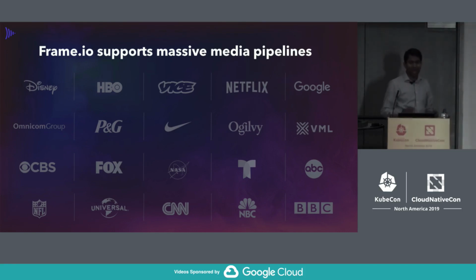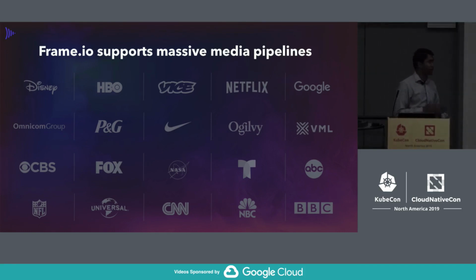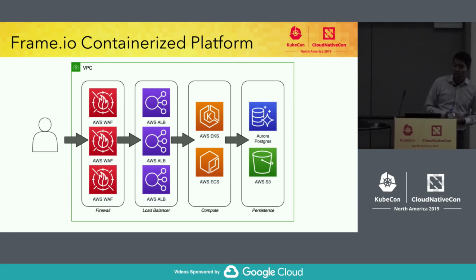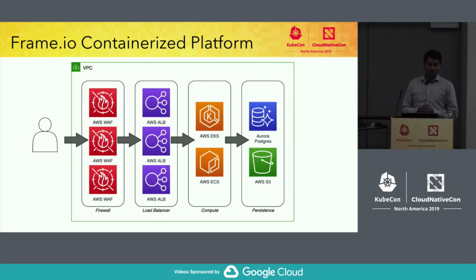So this is a high-level overview of the platform, and let's see how it actually gets translated into the actual platform that enables all these features. So we are a containerized platform. We use an EKS cluster and an ECS cluster. And as I said, we are entirely hosted in Amazon AWS.